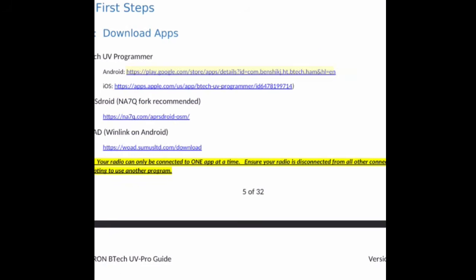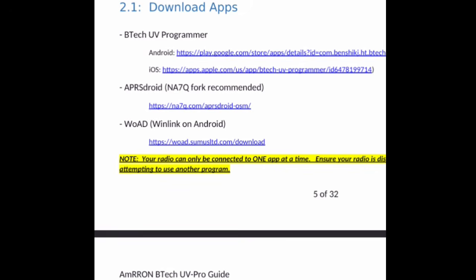to the guide. And the next one will be the Android NA7Q fork. That is a forked version. A separate developer has taken the open source code of APRS Droid and added some features to it. This is the one that we recommend because it has offline mapping and other features that we're going to cover.